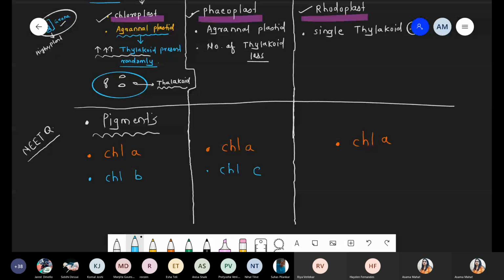So it is very simple to remember: a is present in all, and then b, c, d. Remember the sequence: b, c, d for green, brown, red. These are the pigments which vary from green to brown to red. That's why we divide them.